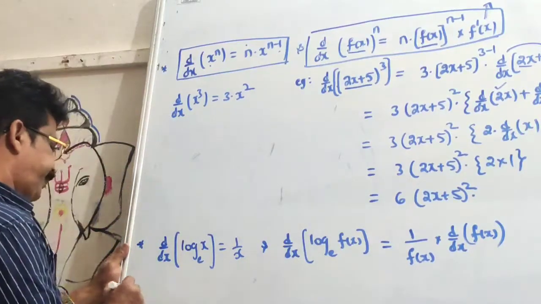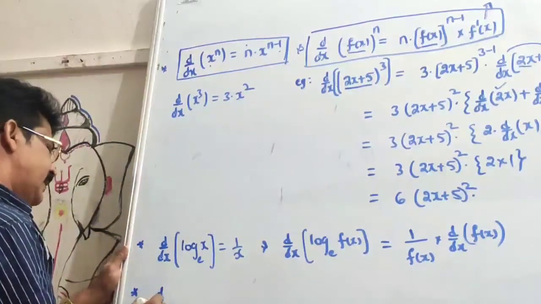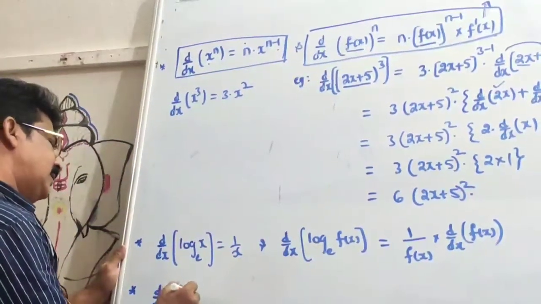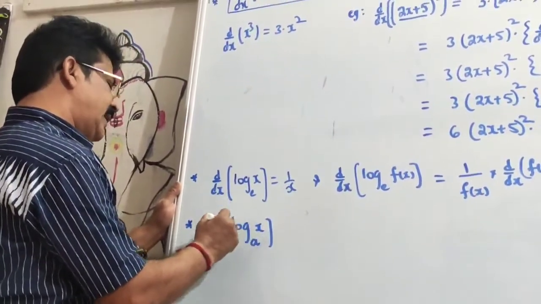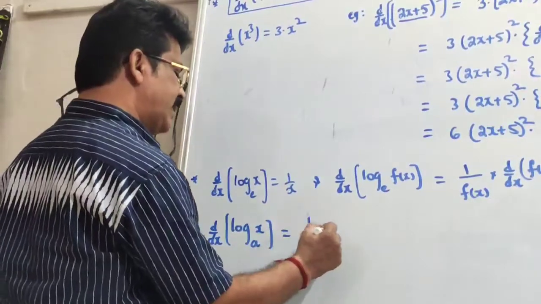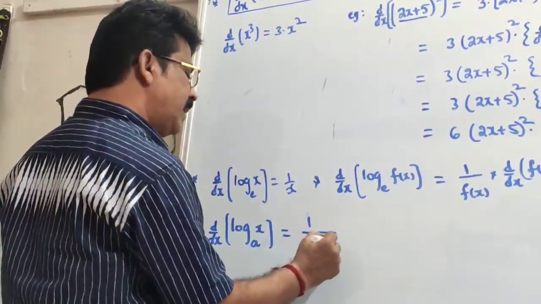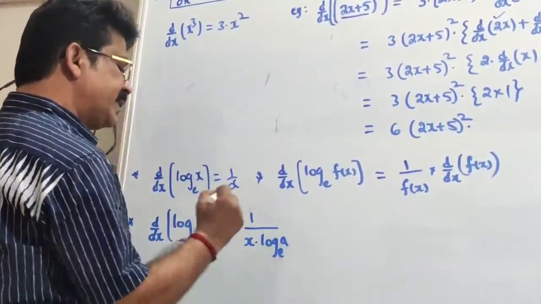Next, d by dx of log base a of x. Already I said it is 1 by x into log a to the base e.